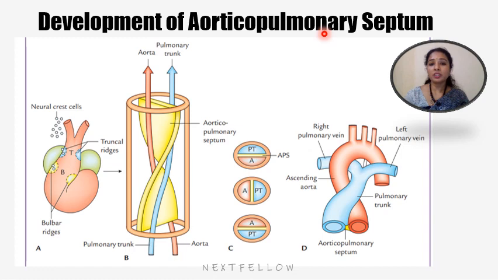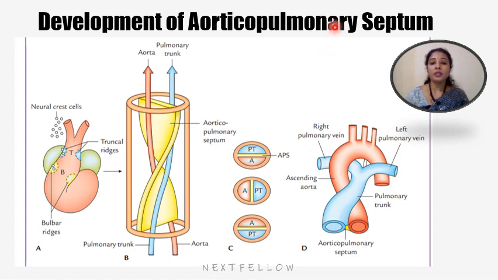In the lower part, the spiral septum or bulbar septum are in the same plane and continuous with each other, and that is the coronal plane. As a result, the pulmonary trunk is in front and the aorta is on the posterior aspect.